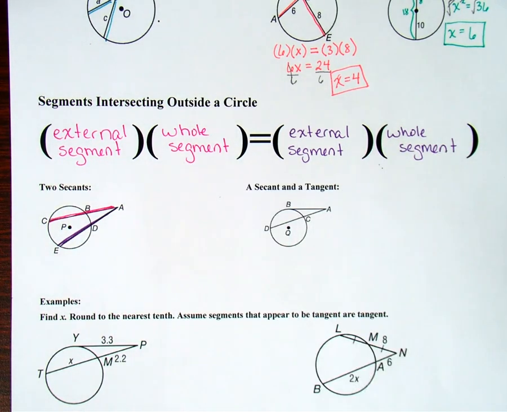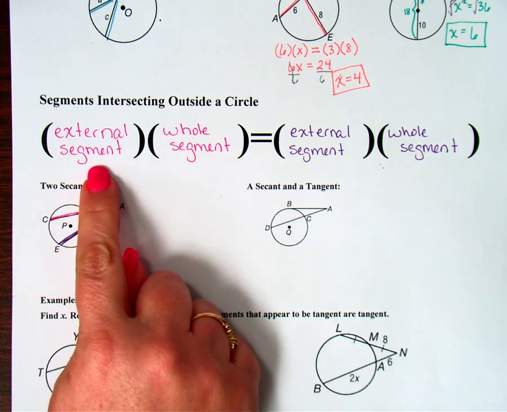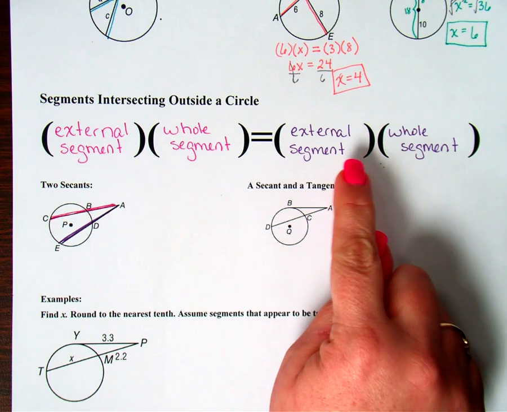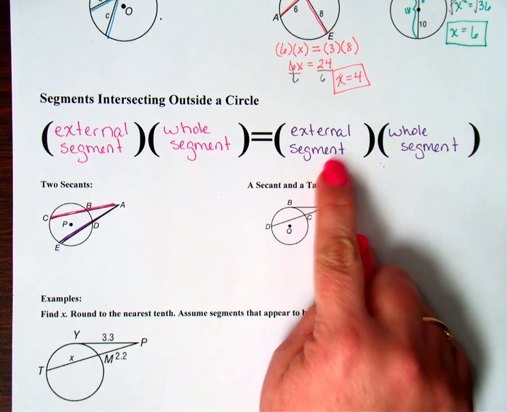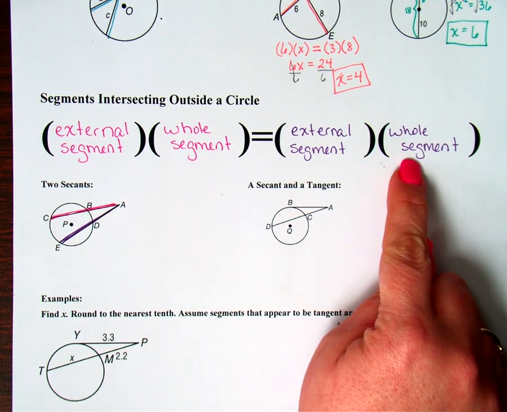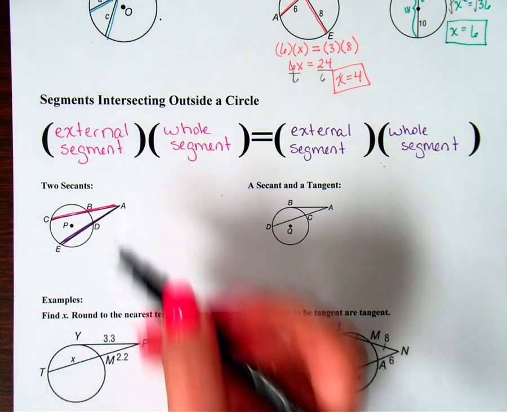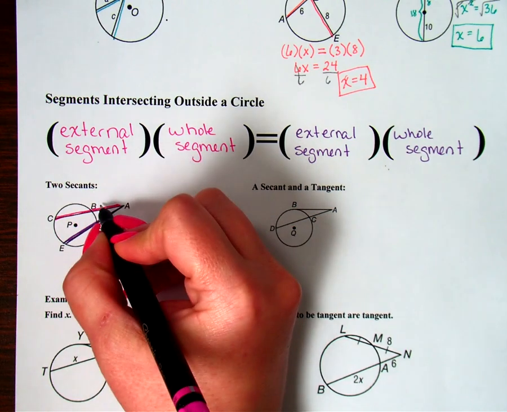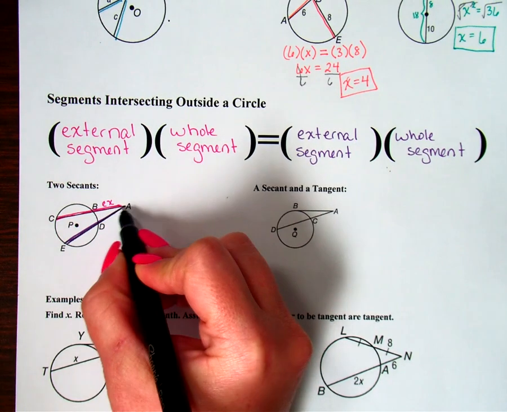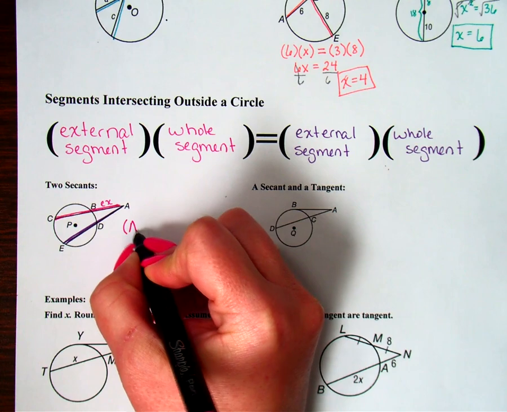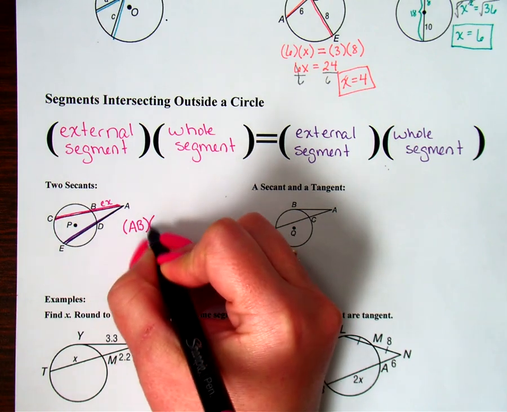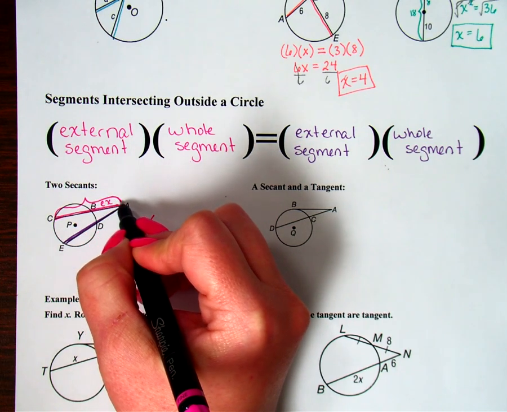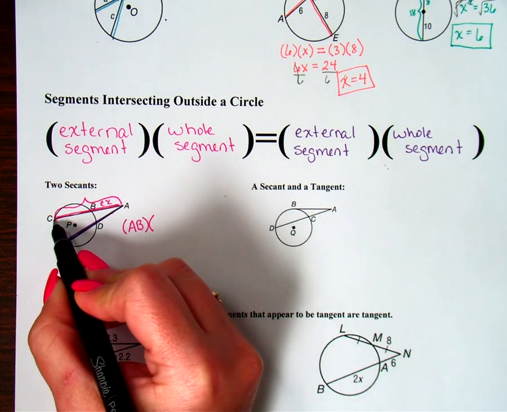So I can see the external segment of the pink segment times the whole pink segment, and the external segment of the purple segment times the whole purple segment. As a formula, my external segment is this piece here from A to B. So AB times the whole segment. My whole segment is all of this from A all the way to C.